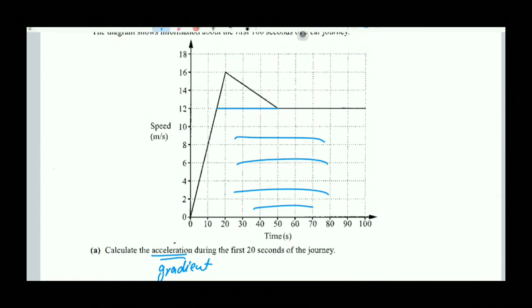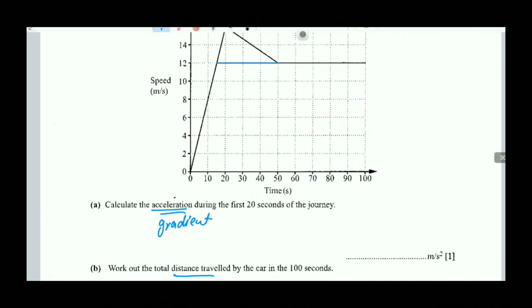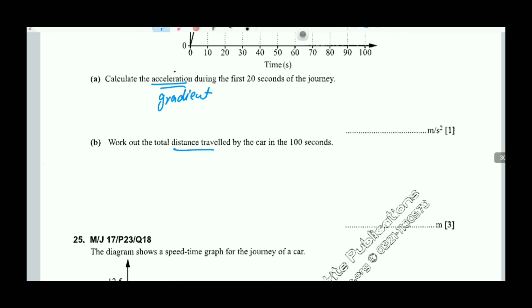You can add them, or you can split it further into this trapezium and this rectangle. It's up to you which method you use, and you will add and get the answer, which will be 1180.